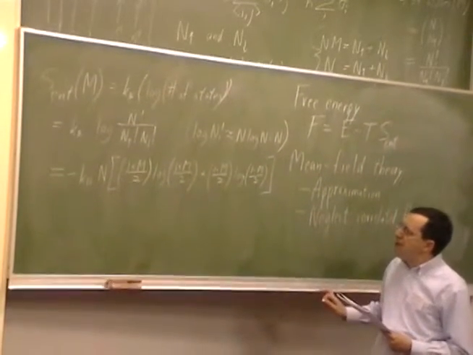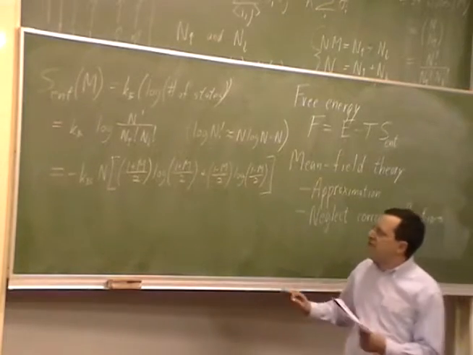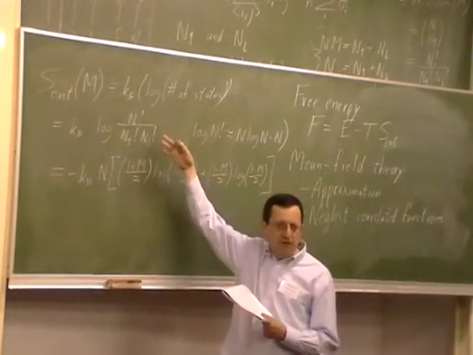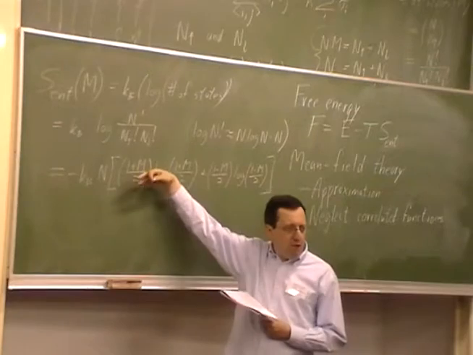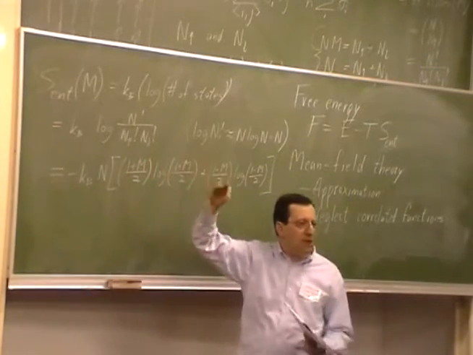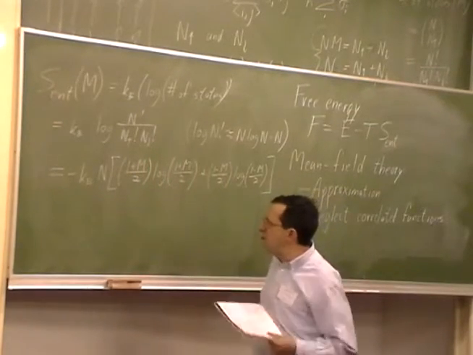So this is an expression for the entropy. I know I skipped a bunch of steps to get from there to there, but they're sort of straightforward steps. Why don't you try doing them for homework, and if you have trouble, just come talk to me.